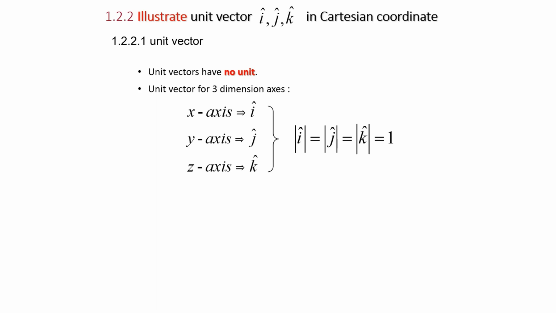The unit vectors for the three-dimension axes are: for the x-axis, represented by i hat; for the y-axis, represented by j hat; and for the z-axis, represented by k hat. The magnitude of i hat is equal to the magnitude of j hat, equal to the magnitude of k hat, which is equal to 1.